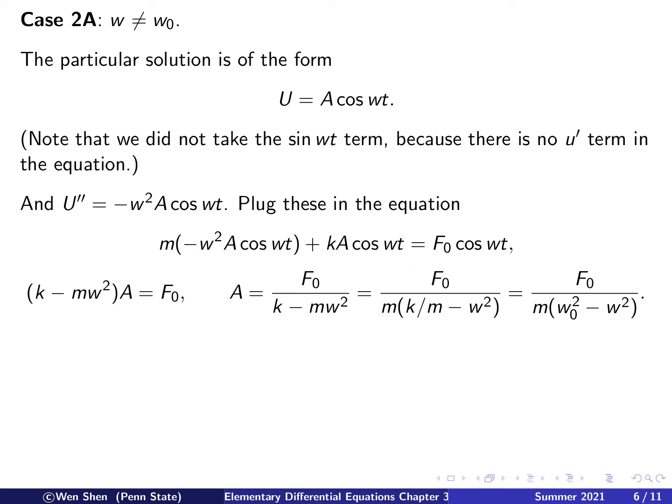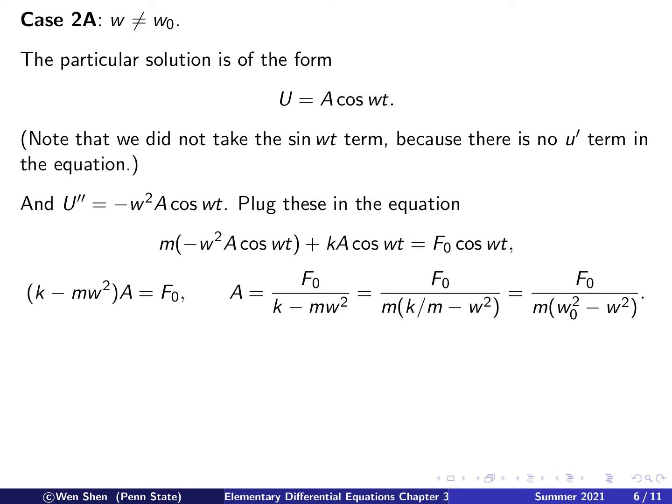Okay, and if we drop the cosine term here, we see that we have k minus m w squared times A equal to f naught. Then we have this simple equation and we can solve for A. A would be just f naught over k minus m w squared.